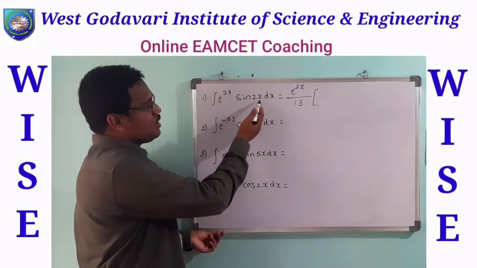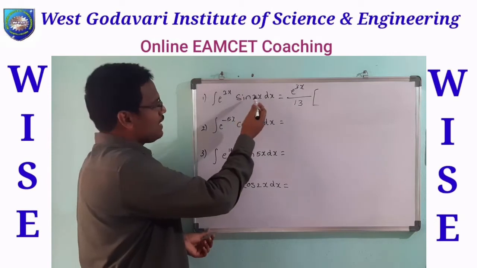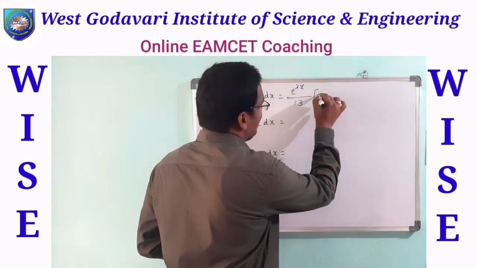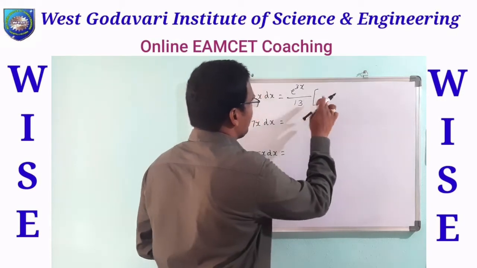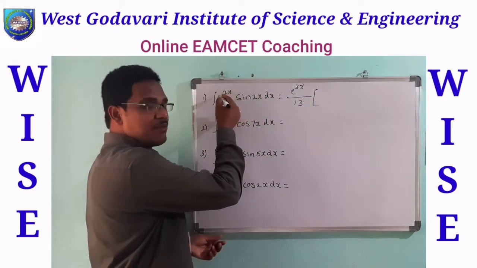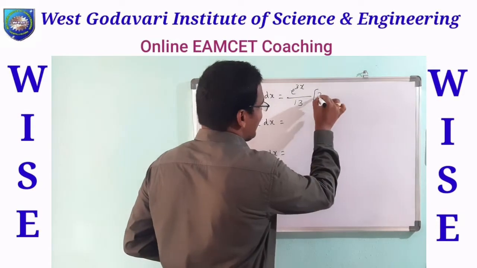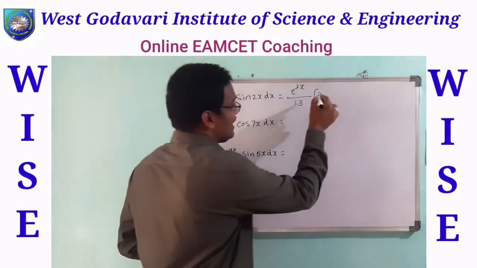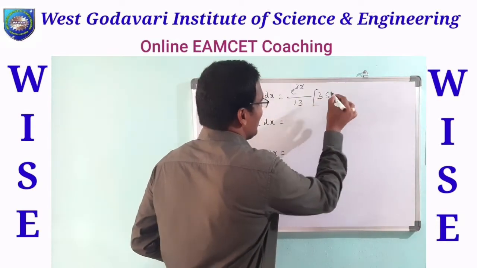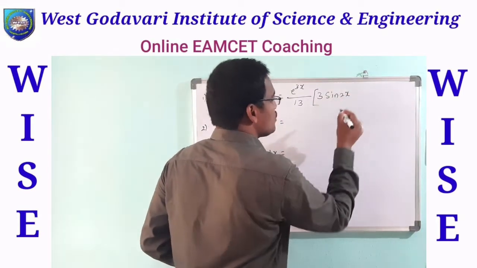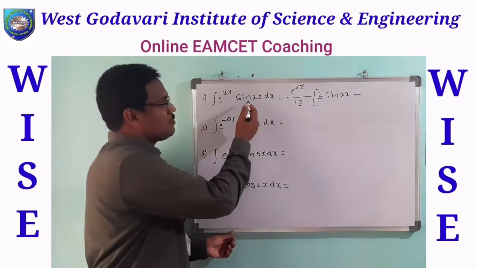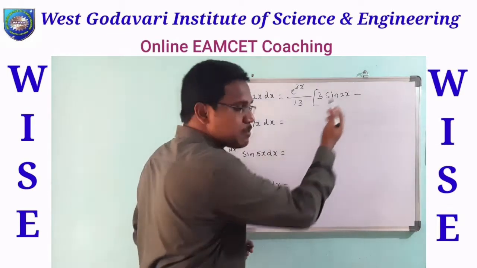So here it is sin 2x, so in the place of m we directly substitute the value of m, that is 3. So m sin nx becomes 3 sin 2x. Then minus, because whenever the sin term occurs in the integration, it becomes minus.